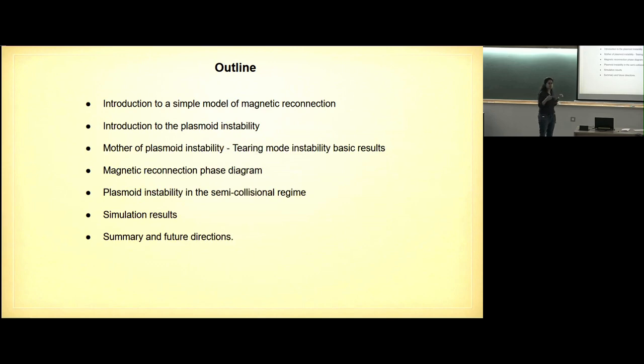I want to take you through some of the derivation of how this instability can be derived and show you some of the basic results, because that will form the basis of understanding how plasmoid instability manifests. Then I want to show you what is known as the magnetic reconnection phase diagram. It's a bird's eye point of view of looking at different plasma regimes in which magnetic reconnection manifests.